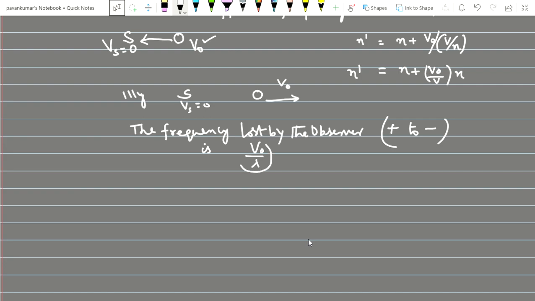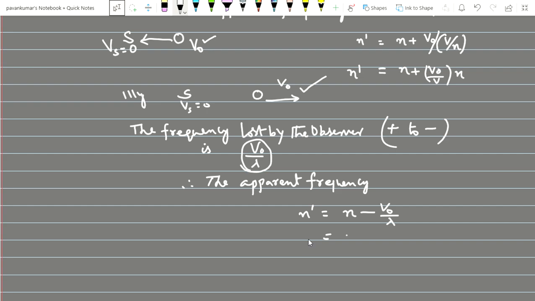This frequency is lost because the observer is moving away from the source. Therefore, the apparent frequency can be calculated as n dash is equal to n minus, that is, actual frequency minus the frequency lost due to the observer moving away from the source.